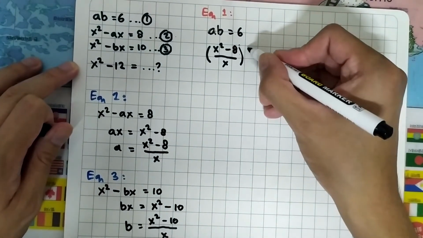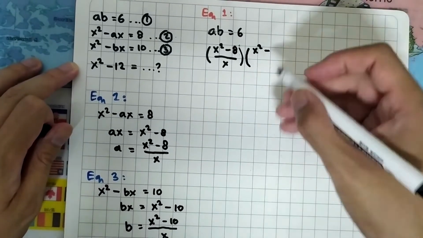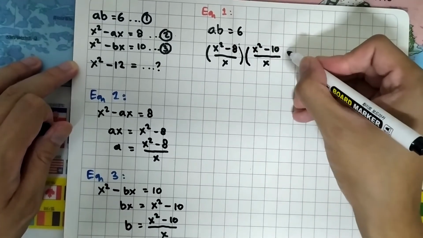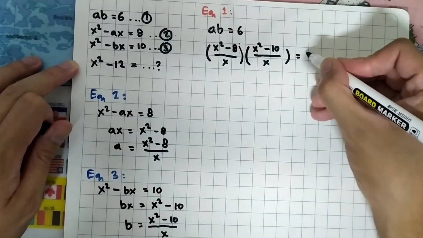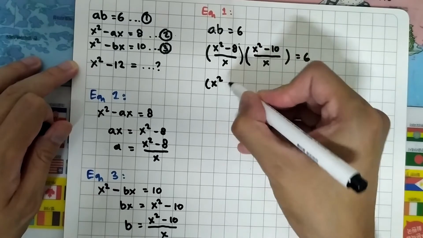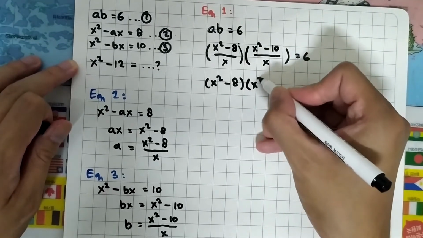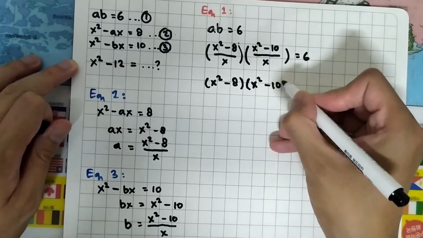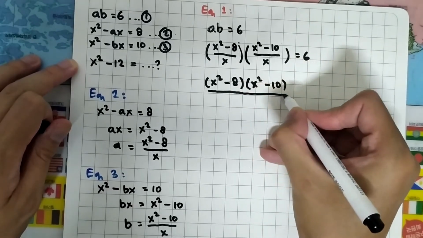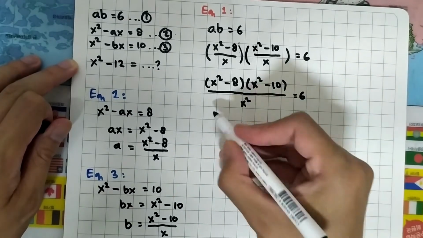And B is x squared minus 10 divided by x, and that will equal 6. Now we have x squared minus 8 multiplied by x squared minus 10, divided by x squared, and that will equal 6.